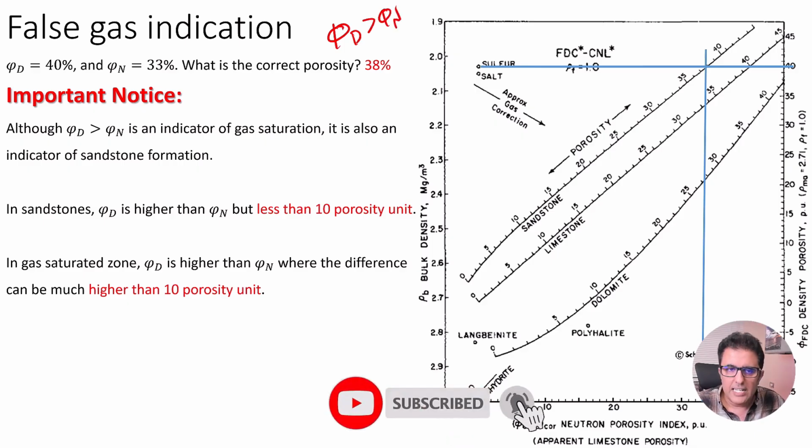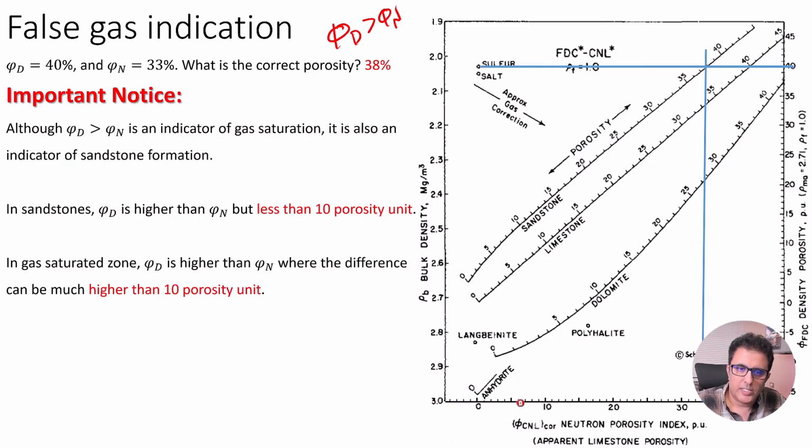Here you may ask me why we end up in this situation. The reason is, again, a wrong assumption about lithology. The actual lithology is sandstone, but we wrongly assumed it to be limestone.